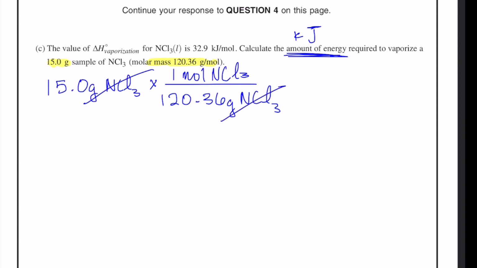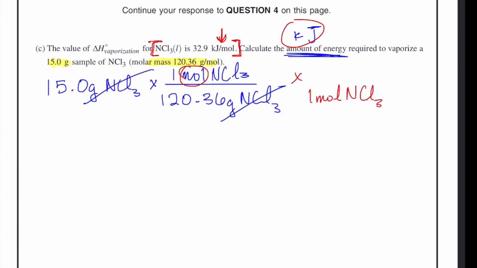And then we have this number that we haven't used yet. And the units here are kilojoules per mole. We have moles up here. We want kilojoules. So just by dimensional analysis, what we're going to do is do 1 mole of NCl3.